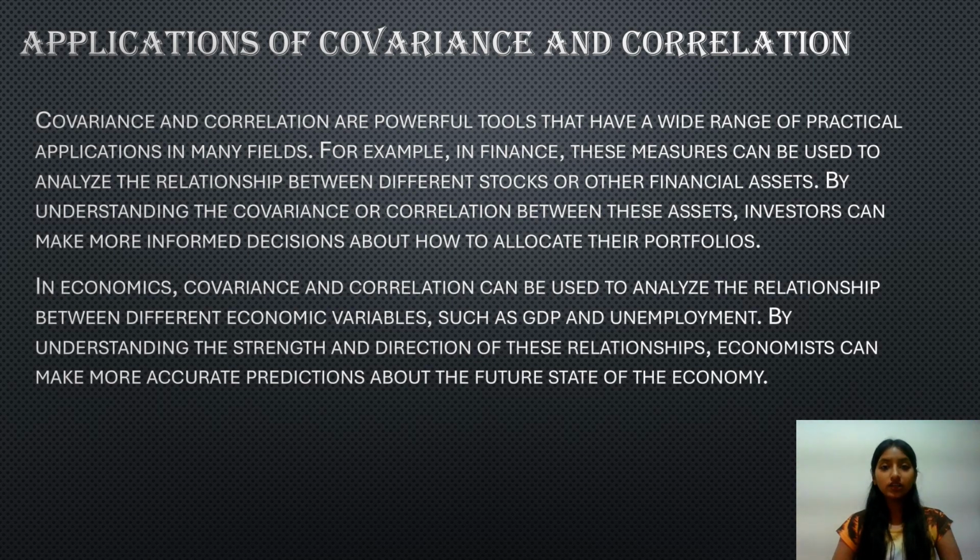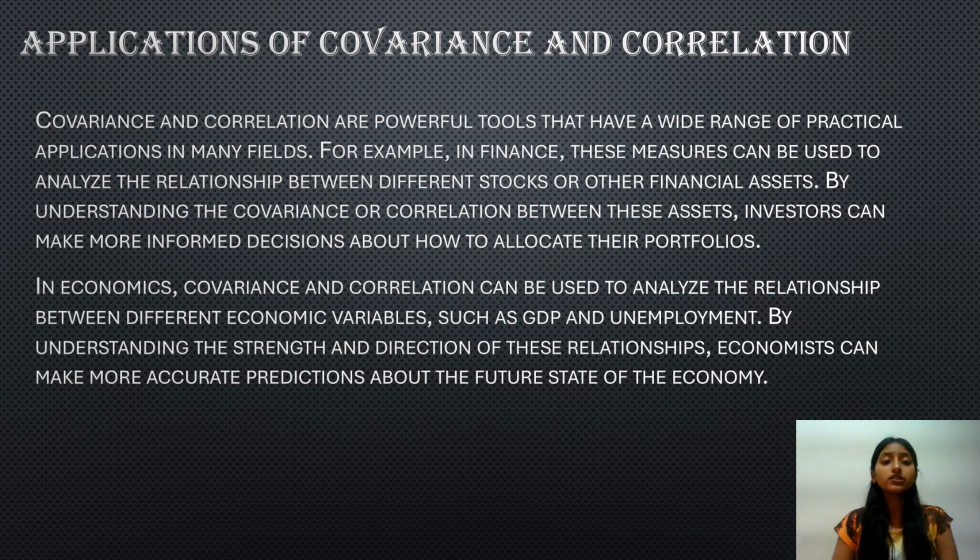Applications of covariance and correlation. Covariance and correlation are powerful tools that have a wide range of practical applications in many fields. For example, in finance, these measures can be used to analyze the relationship between different stocks or other financial assets. By understanding the covariance or correlation between these assets, investors can make more informed decisions about how to allocate their portfolios.